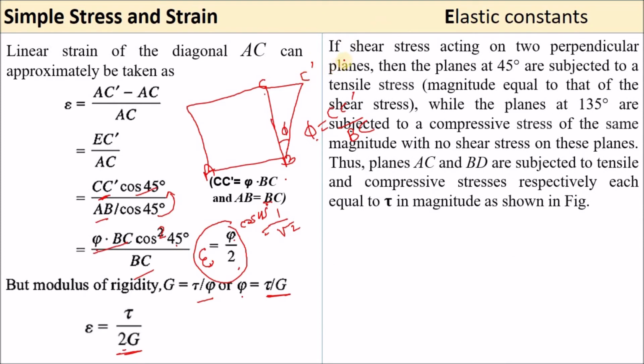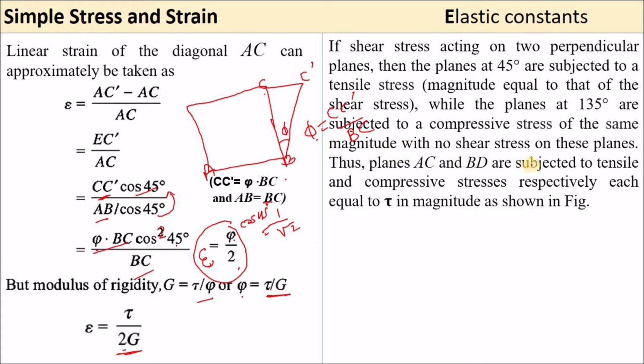And one more thing you should know: if shear stress acts on two perpendicular planes, then planes at 45 degrees are subjected to tensile stress of magnitude equal to that of the shear stress, while the planes at 135 degrees are subjected to compressive stress of the same magnitude with no shear stress on that plane.